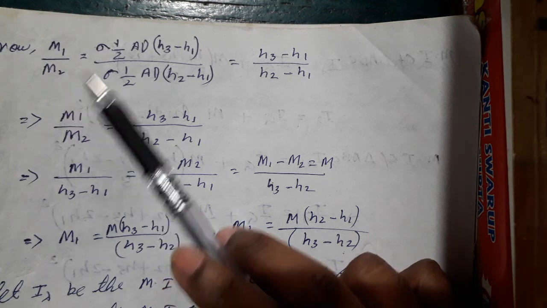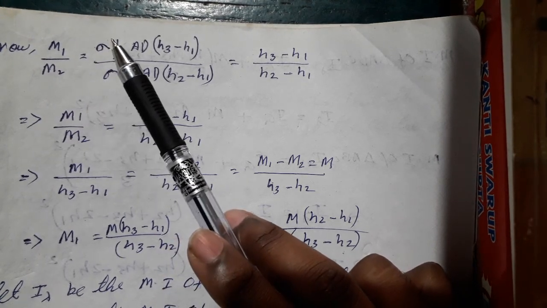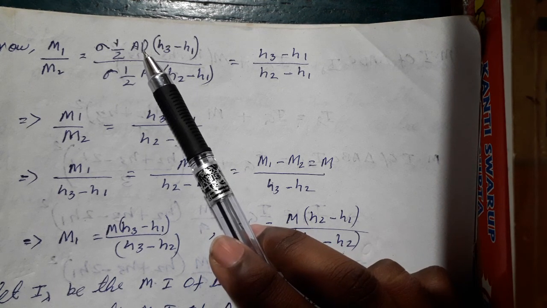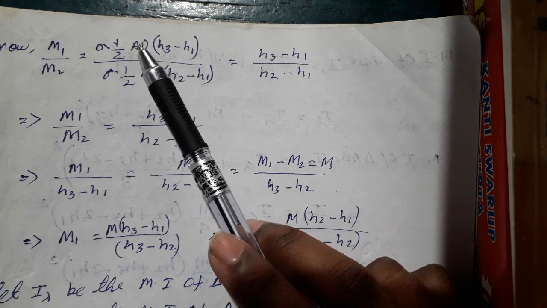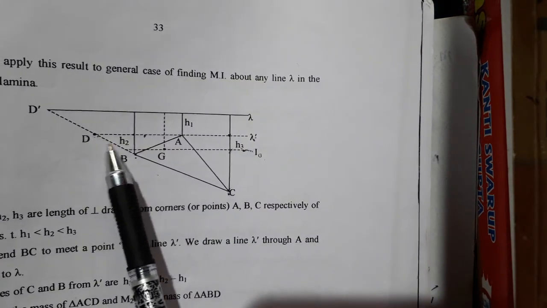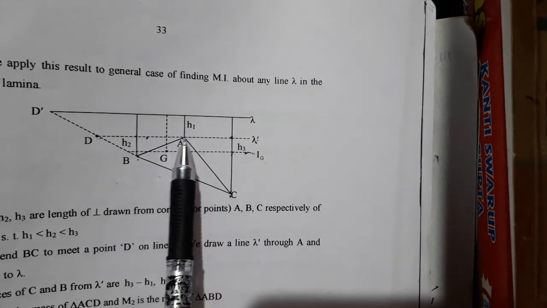This is M1, M2. Now we'll find the mass. Mass is area into density. So what is the area of triangle ACD? We are taking the base as AD.